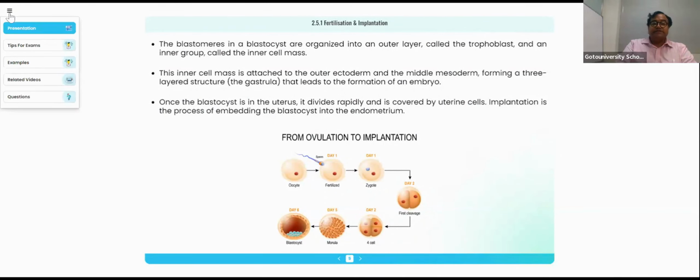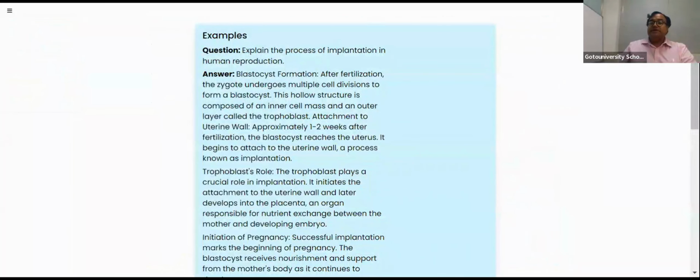Worked examples are a collection of repeatedly asked tough questions on the board, which are trickier to solve. For a question on the process of implantation in human reproduction, in all the classes we say don't write multiple paragraphs. Instead, make a lot of subheadings, like blastocyst formation, trophoblast role, pregnancy initiation.